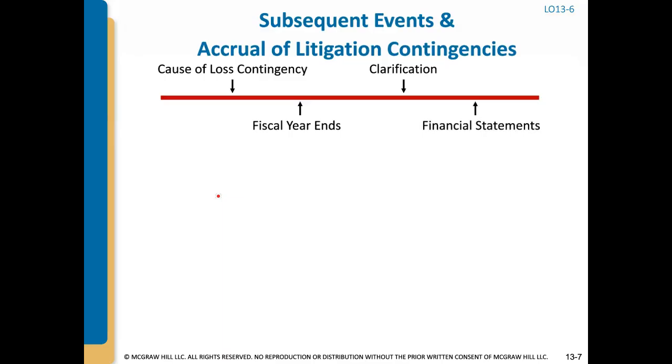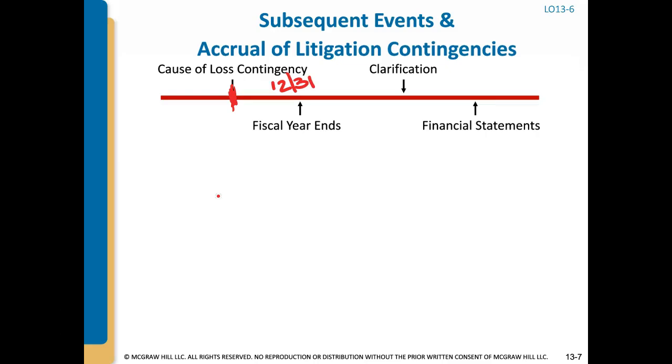What happens if you have a potential loss contingency right here? Some event occurs before the fiscal year end, and I'm going to say the fiscal year end is 12/31 because I think it's the easiest.